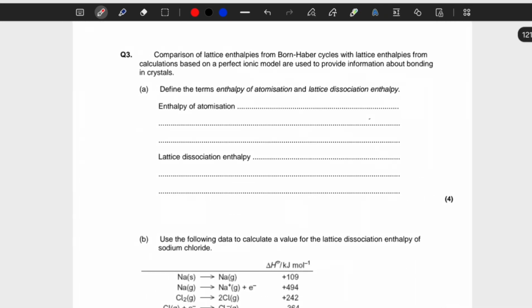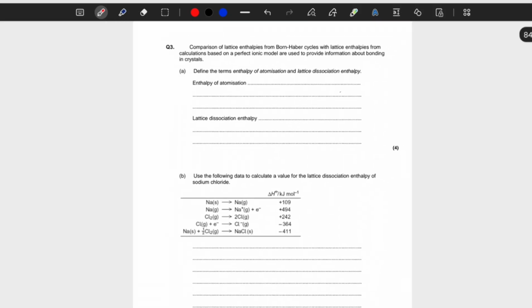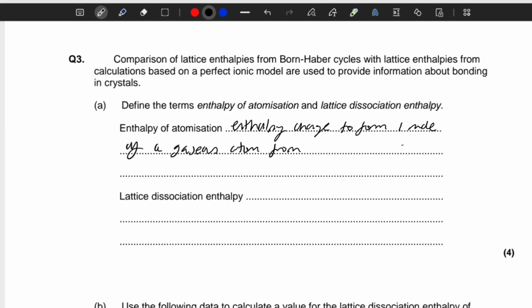Okay, so another question. You can pause and do the question if you want to and check if you get it correct. Okay, so the enthalpy of atomization is the enthalpy change to form 1 mole of a gaseous atom from its element in its gaseous state.